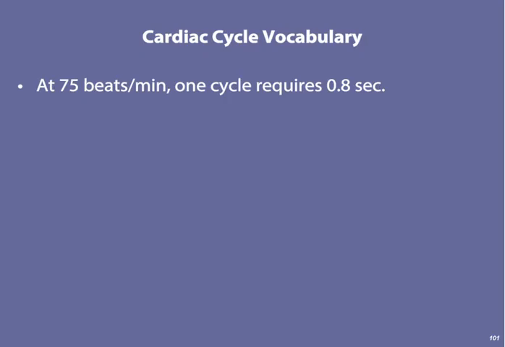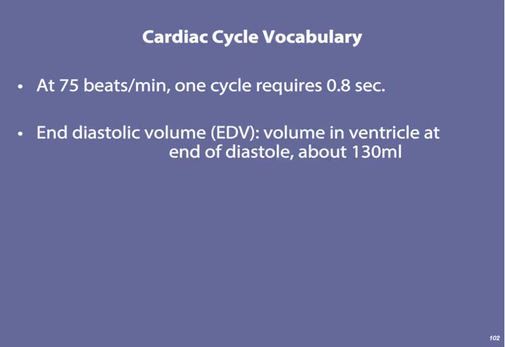Before we go on to talk more about the cardiac cycle, we need to go through some vocabulary. Remember that the TP interval was the interval between one heartbeat and the next, and it tends to decrease as the heart rate increases. At a heart rate of 75 beats per minute, the TP interval will be somewhere around 0.8 seconds. We now need to talk about something called end diastolic volume.